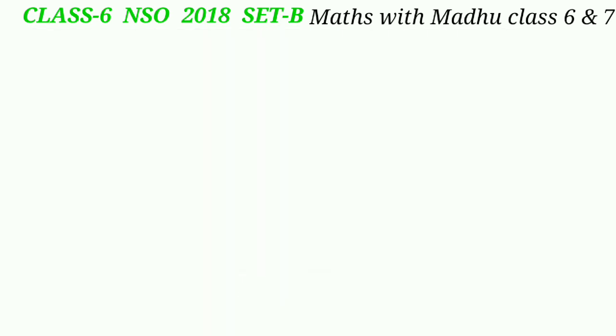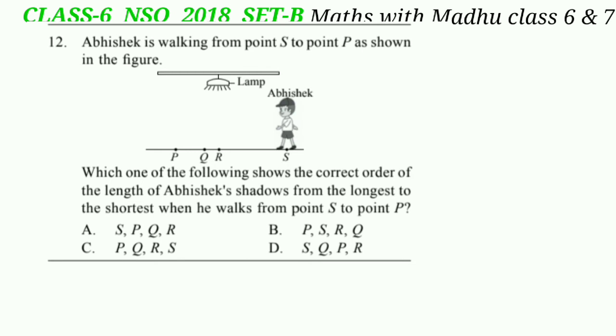Now question 12. Abhishek is walking from point S to the point P as shown in the figure. Which one of the following shows the correct order of the length of Abhishek's shadows from the longest to the shortest when he walks from point S to point P? The length of Abhishek's shadow depends on how far he is from the lamp above him.